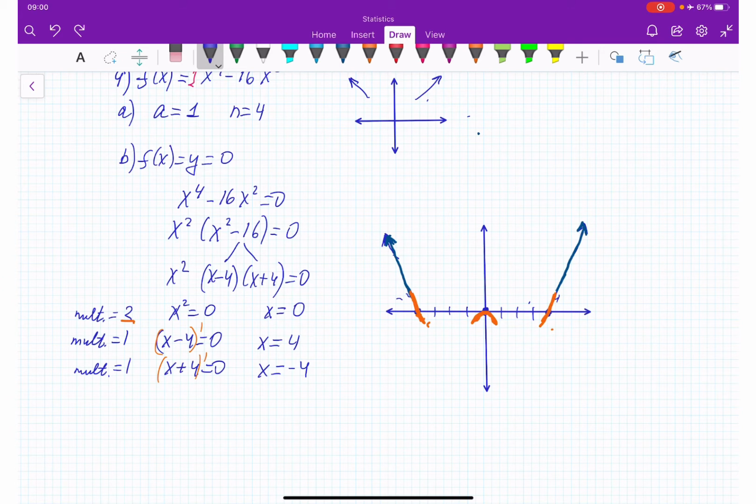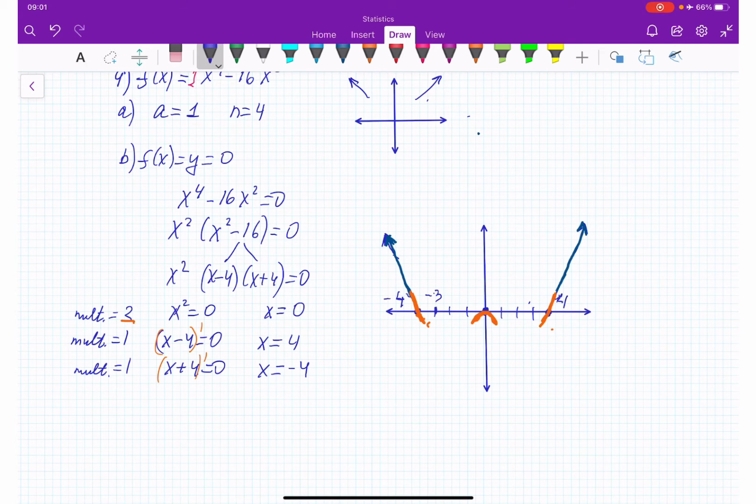Okay, let's see. If this is negative 4, this is positive 4, this is 0. Let's take 3, and negative 3, and we plug in there.